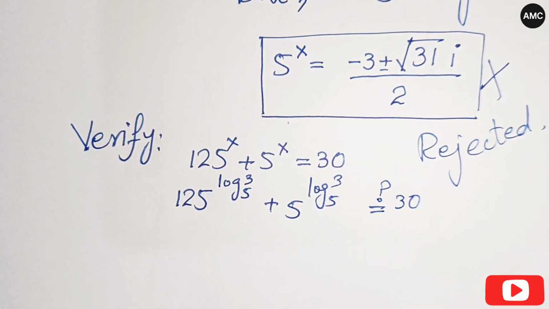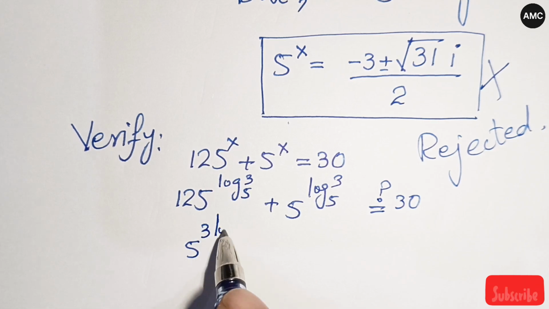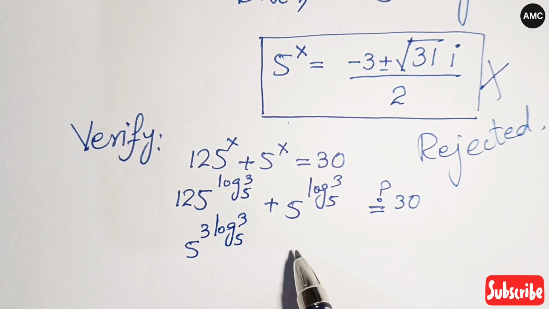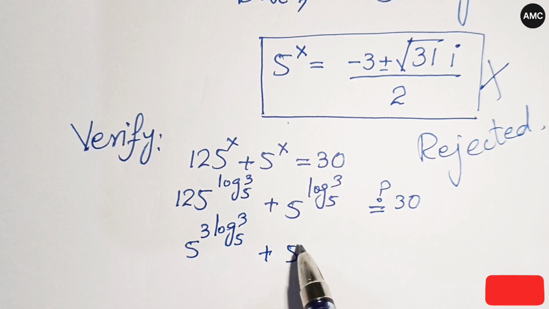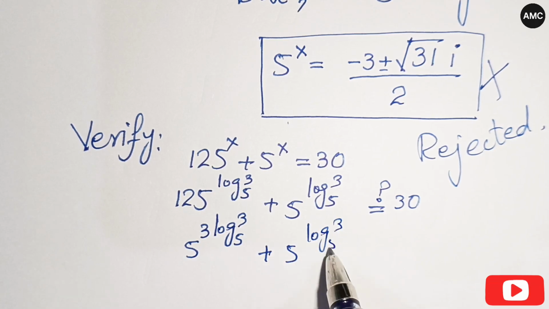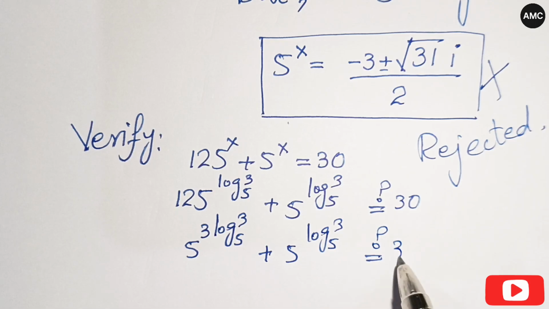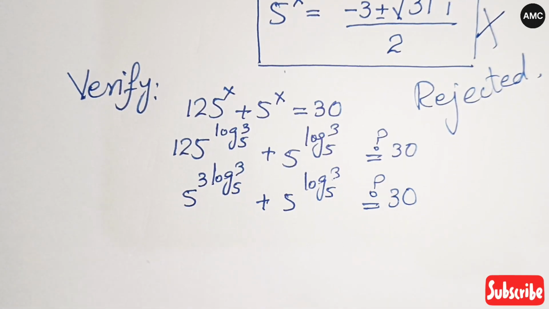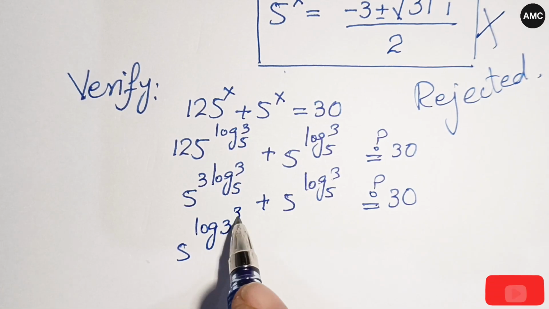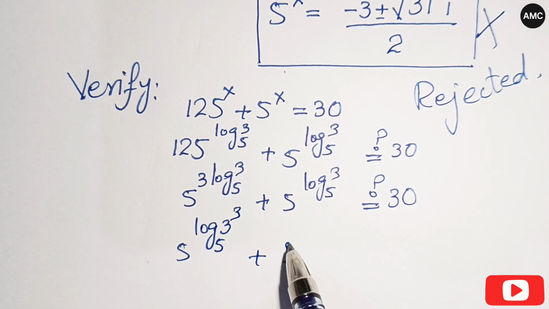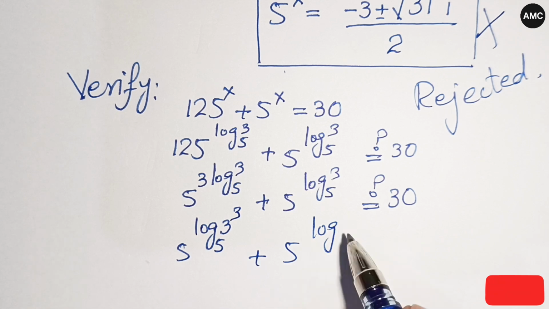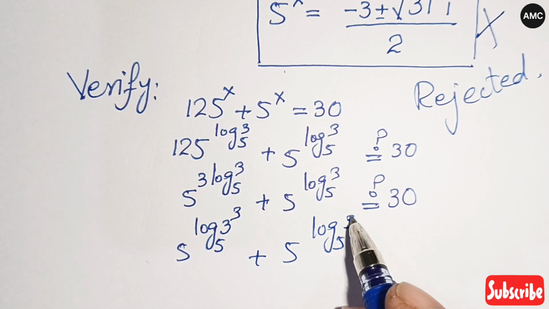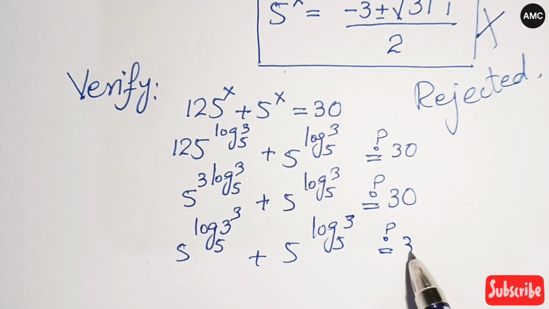Now 125 can be written as 5 cubed, so 5 cubed to the power log 3 to base 5 plus 5 to the power log 3 to base 5, is it equal to 30. Shifting this 3, we get log 3 cubed to base 5 in the power, so 5 to the power log 3 cubed to base 5 plus 5 to the power log 3 to base 5, is it equal to 30.